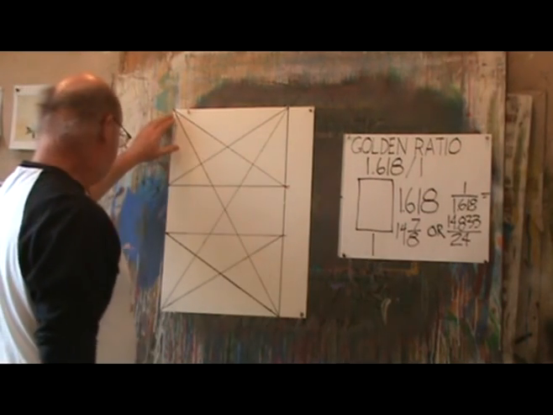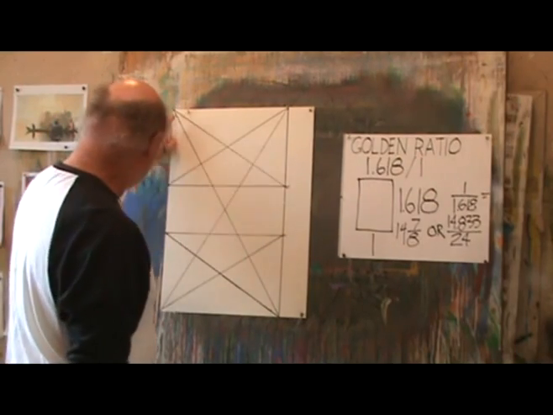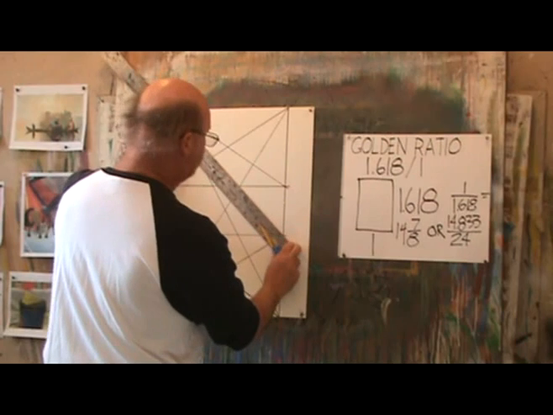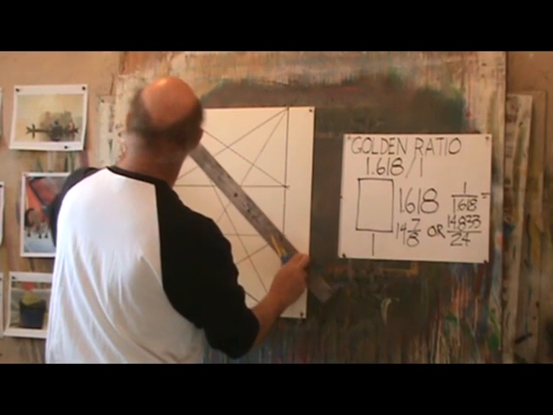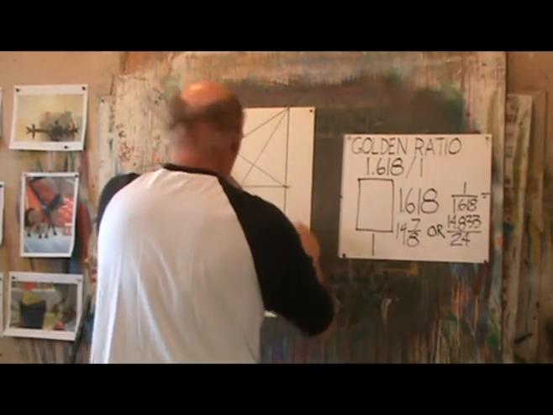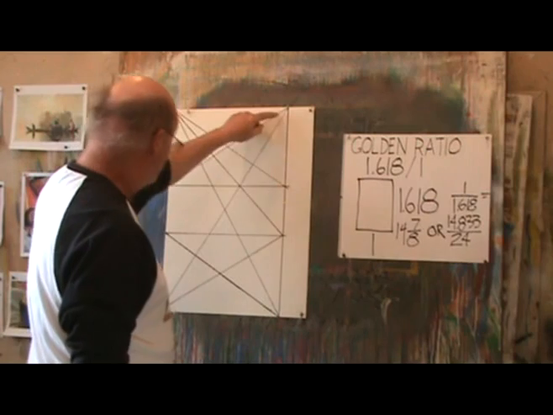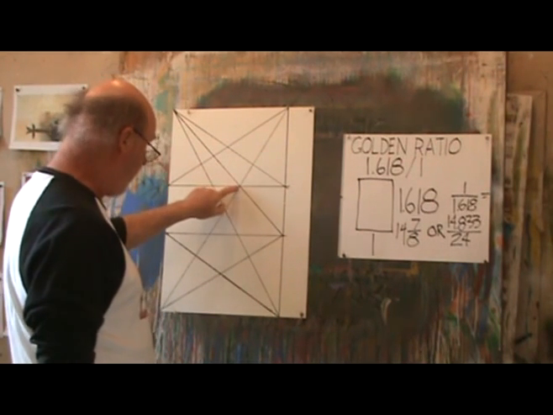So then we also connect up the corners from here to here as well as from here to here. Now what happens when we do that is we get another interesting situation where this line intersects with this line and this line. So this, again, is on the square.